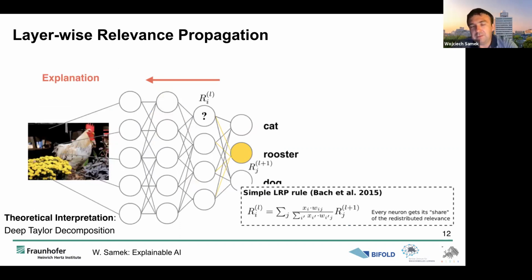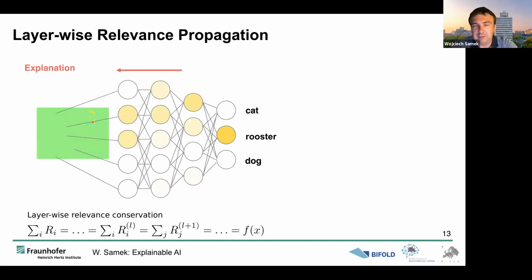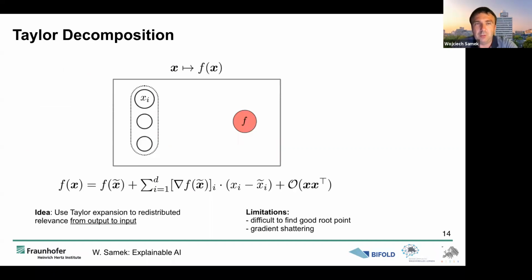But it's very hard to construct such an image, because if you would know that the rooster should be removed, then you would know what is relevant in the image, and you wouldn't need to explain the function anymore. So finding a good root point is difficult. You can always use, for example, a root point at 0 at the origin for many networks, but this root point is very far away from your actual input. And therefore the decomposition will not be really meaningful.